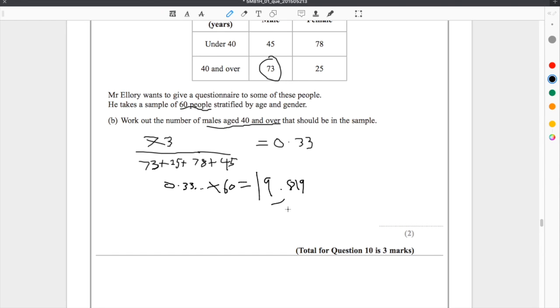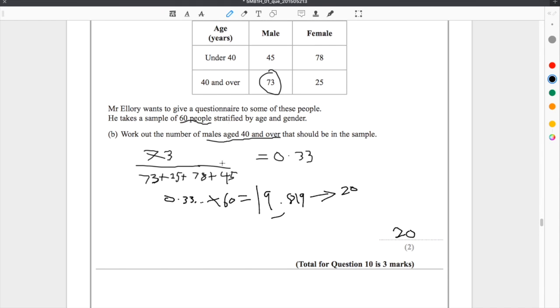Now hopefully you're aware we can't have 19.819 of a person, so all we do here is round this up to 20, so there should be 20 males in the sample aged 40 and over.